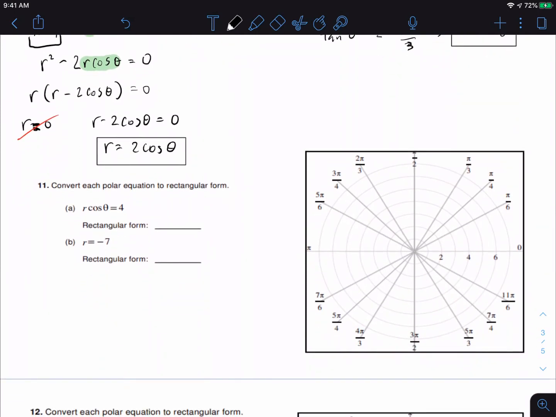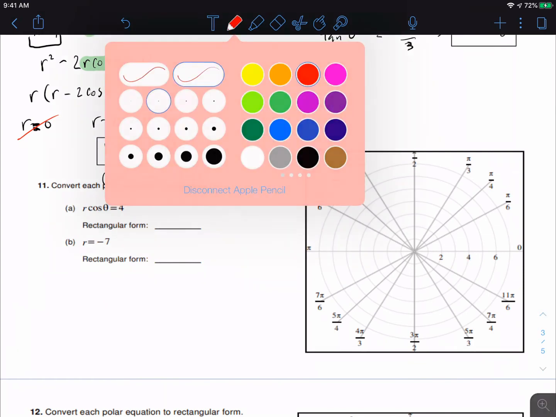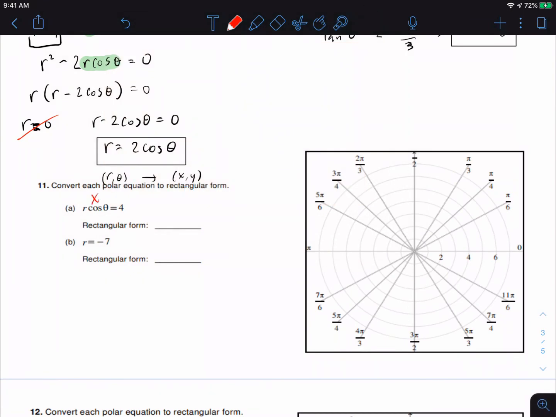Now what it's asking us to do is see if we can convert. So again, look, it's saying convert each polar to rectangular. So it's saying, hey, can you go from r theta and turn it into xy? And so r cosine theta, isn't that x?